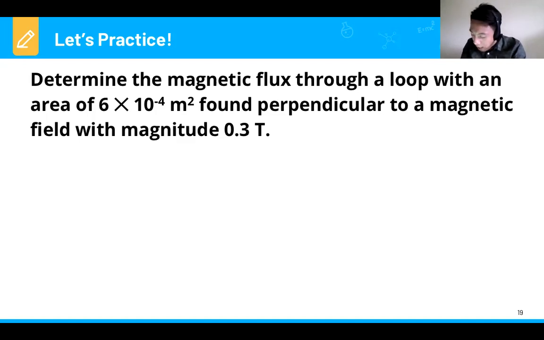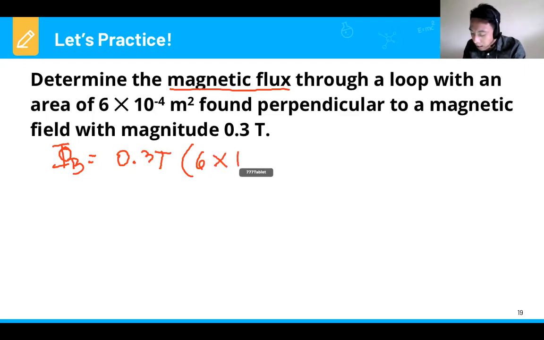Okay? So we have here the formula, which is magnetic flux. It's because magnetic flux is our main question. Magnetic flux B is equivalent to our magnetic field magnitude, which is 0.3 Tesla, multiplied by our area, which is 6 by 10 raised to negative 4 meters squared.